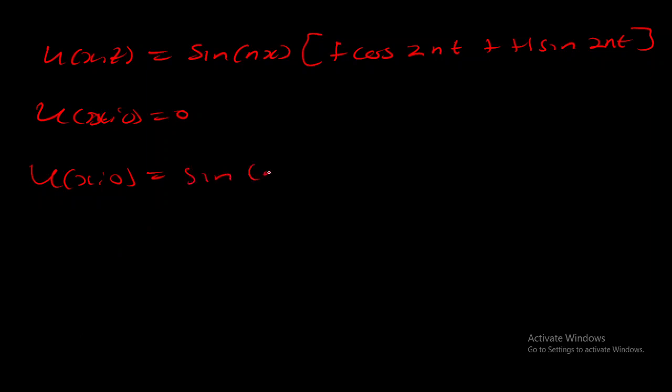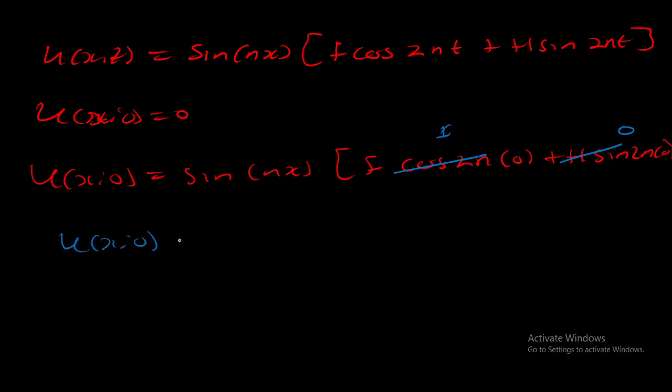Sine of nx into f cos of 2n into 0 plus h sine of 2n into 0. Already we know that the sine of 0 is going to be 0, and then the cos of 0 is going to be 1. So we're going to end up with u of x,0, which is equal to f sine of nx, which is equal to what?